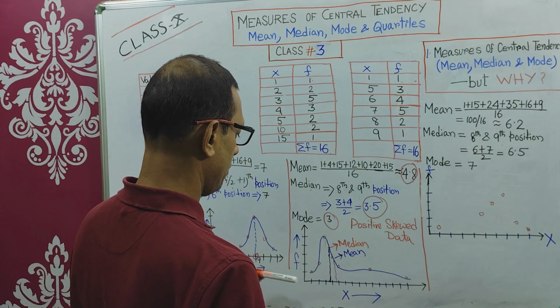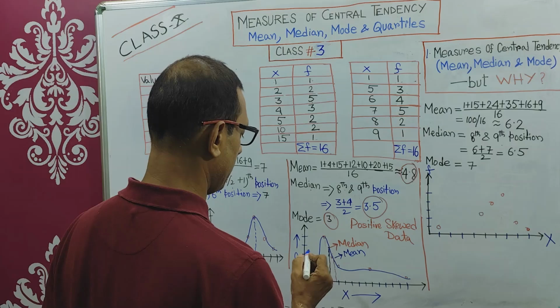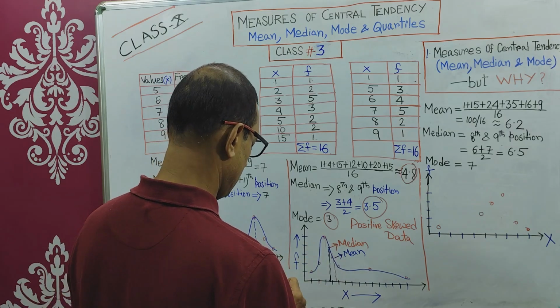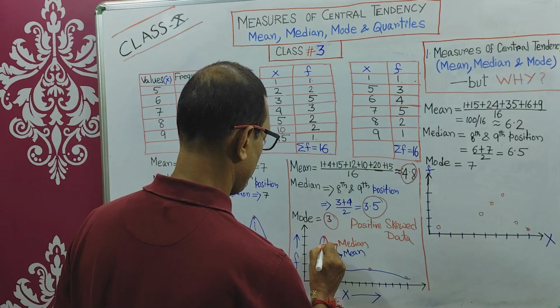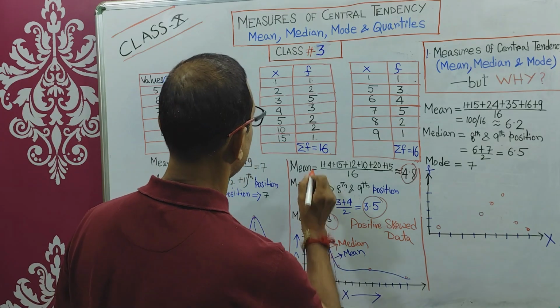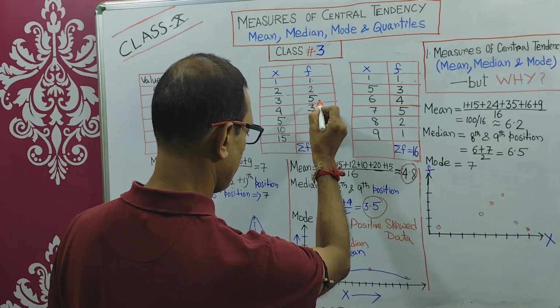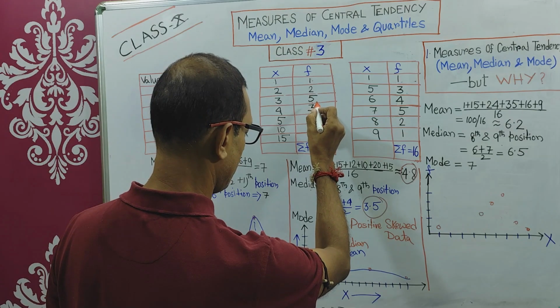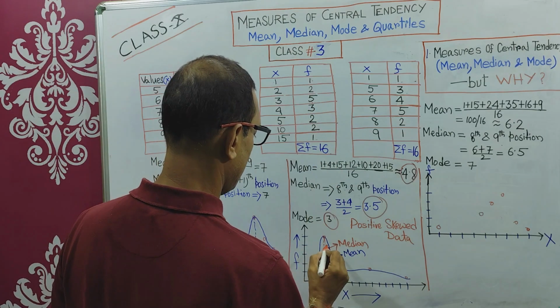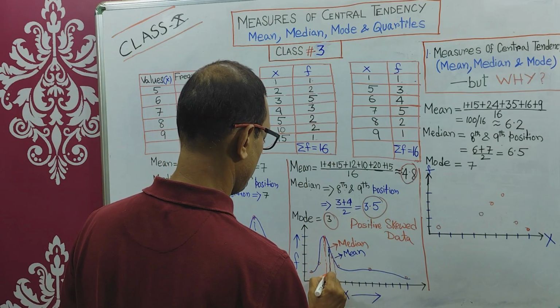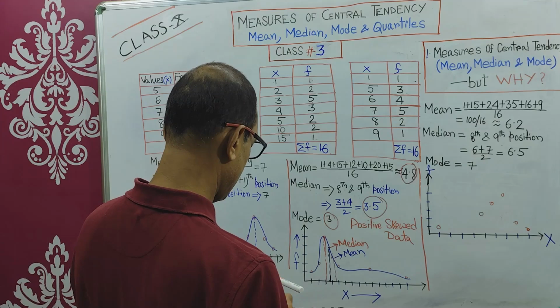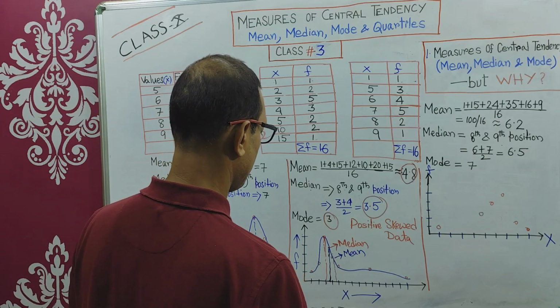And which is the mode? Highest frequency. This is the mode. Mode we have seen, 5 is for 3. This is the mode.